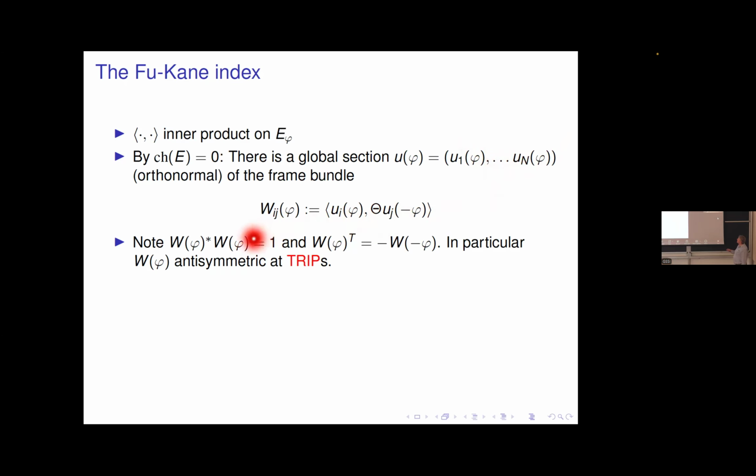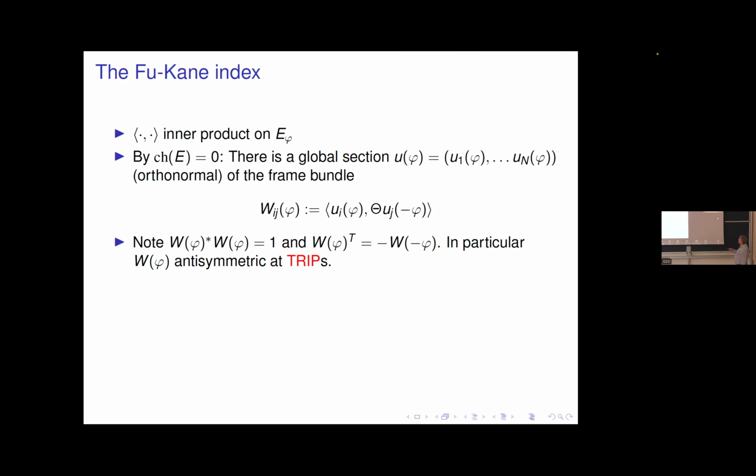Given that the Chern number is 0, there is no obstruction to having a global section. And now don't just take any global section; ask for it to have particular properties because of the symmetry. Then you can construct this matrix here, W_ij, and you can construct it for every point on the torus. It goes like this. You look at the j-th vector at point minus phi, and then you apply theta. That will give you some vector in the fiber over phi, because theta maps the fiber over minus phi to the fiber over phi.